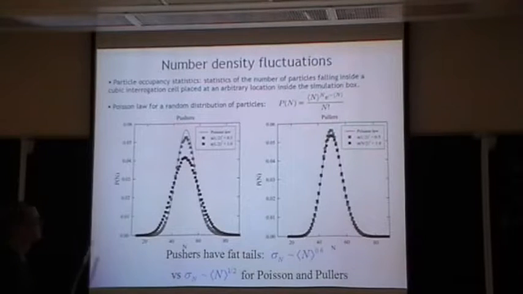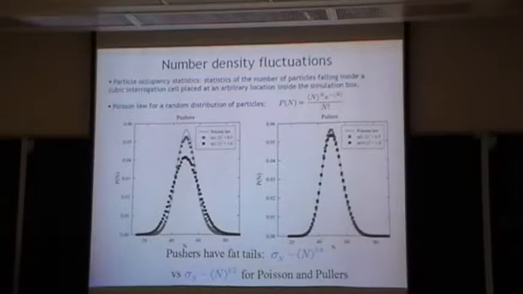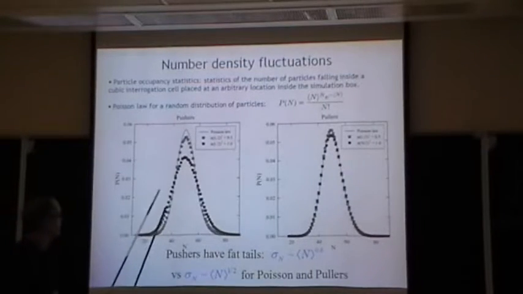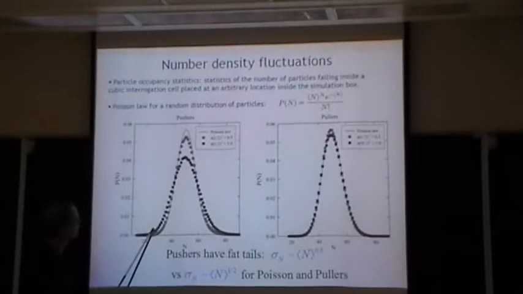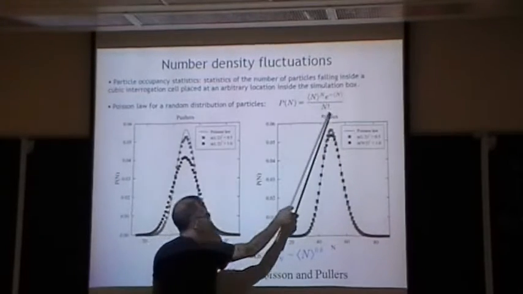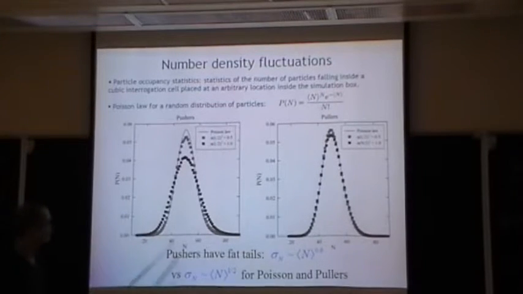It should behave like a Poisson distribution where this bracket n is just the expectation of the number of particles in that box. And so then what we see is that puller suspensions behave Poissonian up to high volume concentrations in these simulations.